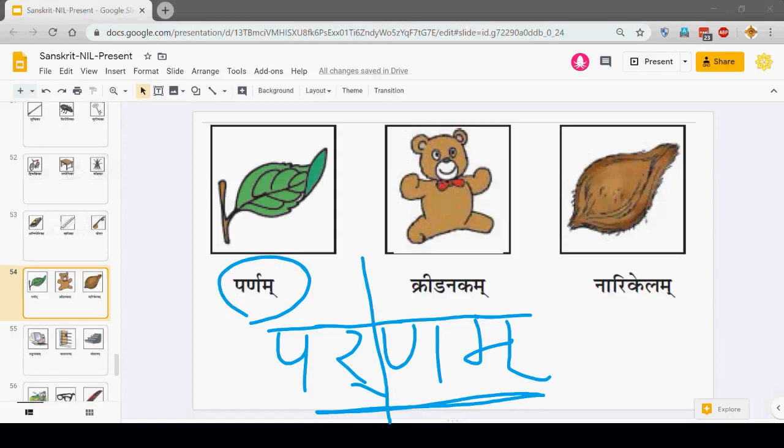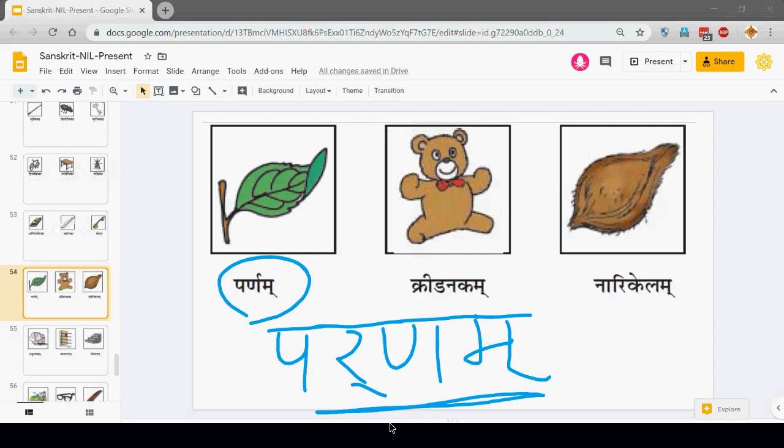Paranam. So when there's a consonant, there is a sudden stop there, like when pronouncing parnam. The ra is before na, right?